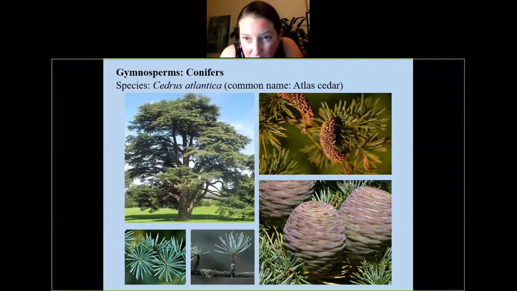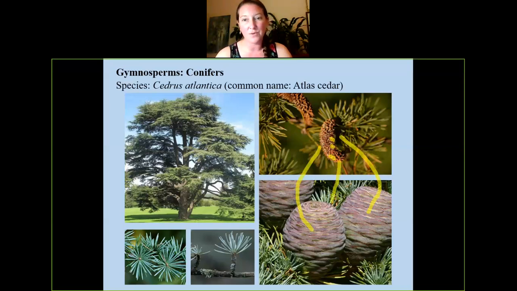On this male sex structure, there are these little tiny yellow dots all over it, and those are the pollen grains. In the conifers, because they don't have any flowers, they just have these strobili, the pollen grains will float via wind, woo, all the way to fertilize the female structures. I also like making noises, FYI. We'll talk more about that another time, but good question.